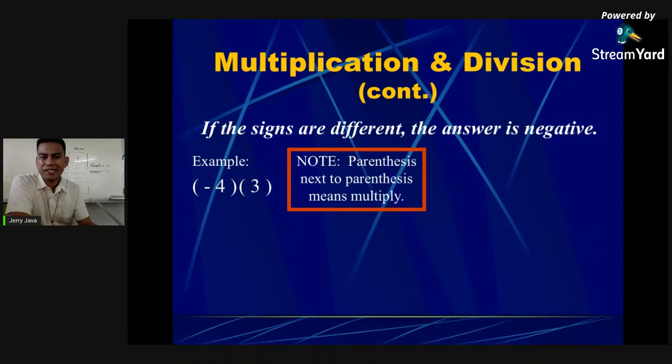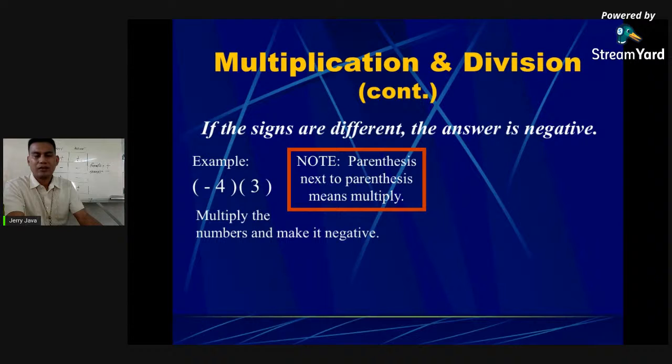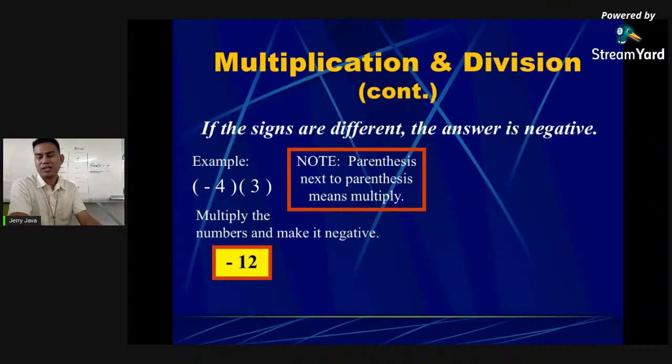Note, parenthesis next to parenthesis means multiply. Multiply the numbers and make it negative. Why negative? Because one is negative, one is positive, so unlike or different signs. So, 4 times 3 gives you 12. Then, negative. Negative 12. Gets?